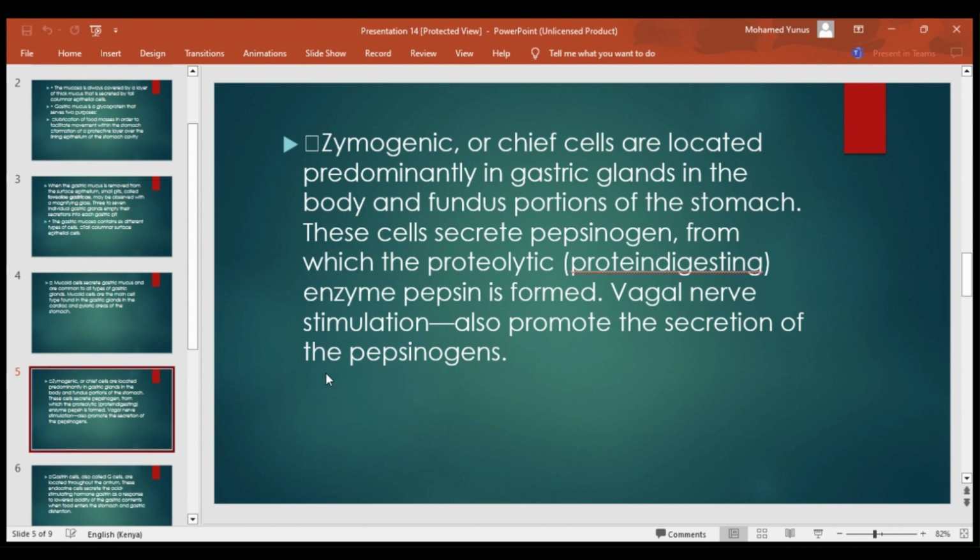In anatomy, if you see lytic, that means breakdown. So proteolytic means protein breakdown. So pepsinogen helps in the breakdown of proteins. That's a protein digesting enzyme. Pepsin is formed. Vagal nerve stimulation also promotes the secretion of pepsinogen.